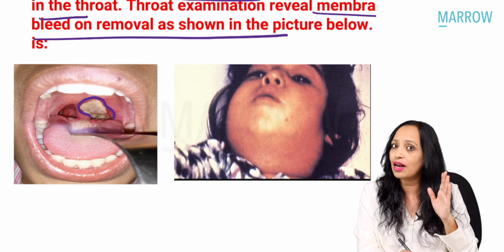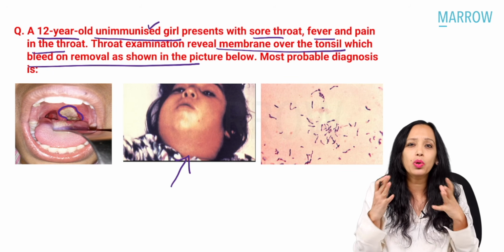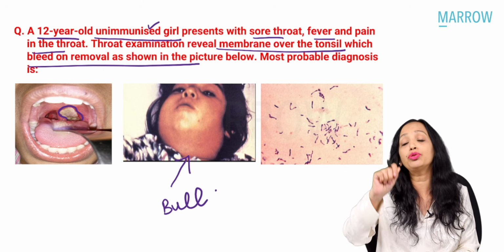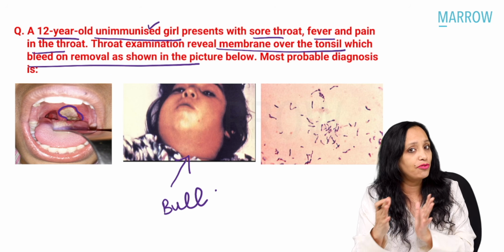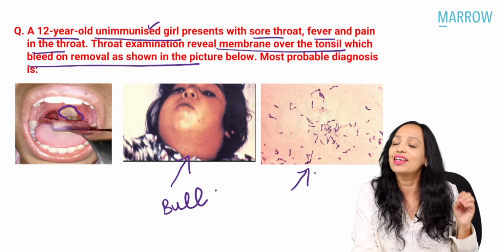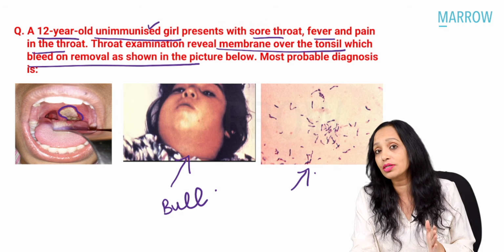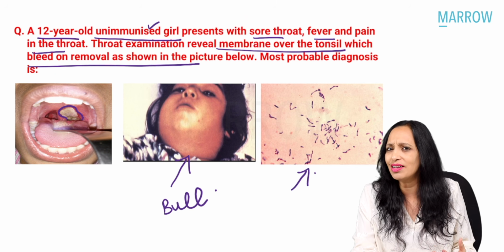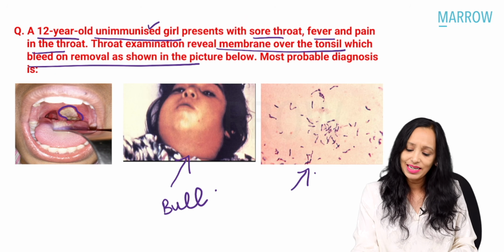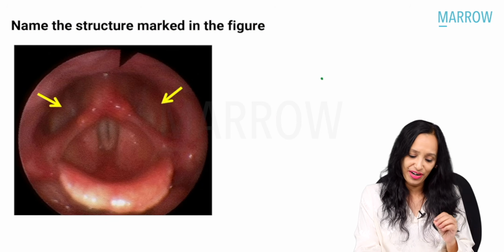And these patients are unimmunized, and also the neck has a typical swollen appearance, which is known as the bull neck appearance, and immediately you need to take a throat swab, which you will send for microscopy, where you will see the Chinese letter pattern, yes, the Corynebacterium diphtheriae, and you immediately give antitoxin against, what is the toxin here? Is it an endo or exotoxin? Yes, the exotoxin. So this is diphtheria. Yes, this is again a very repeated question.